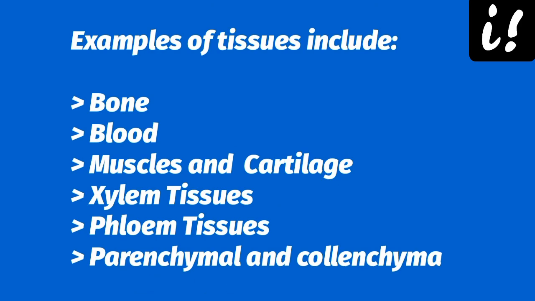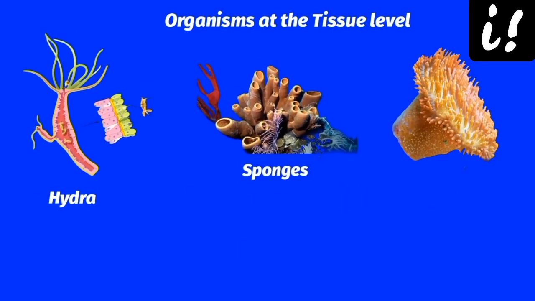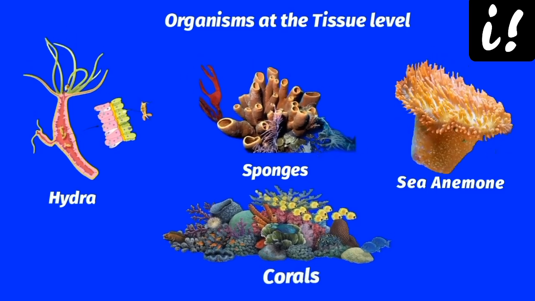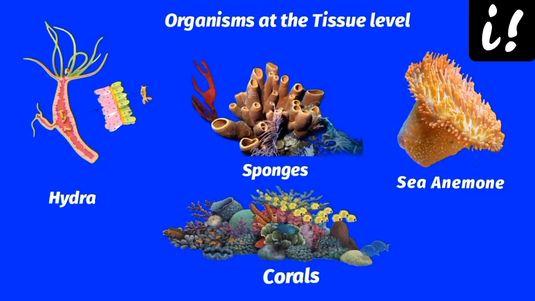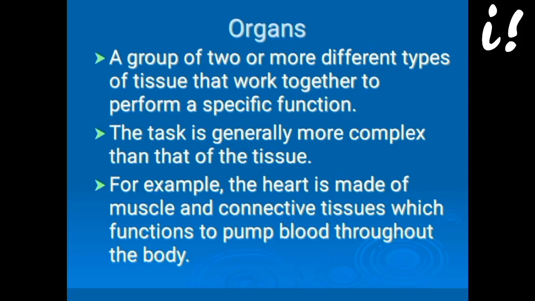So basic examples of tissues include bone, blood, muscle and cartilage, xylem tissue, phloem tissue, parenchyma and collenchyma tissue. Organisms at the tissue level include hydra, sponges, sea anemone and corals. These are organisms at the tissue level of organization.